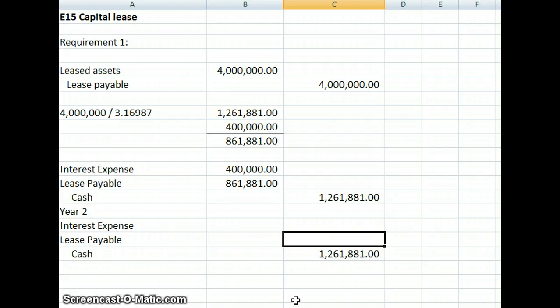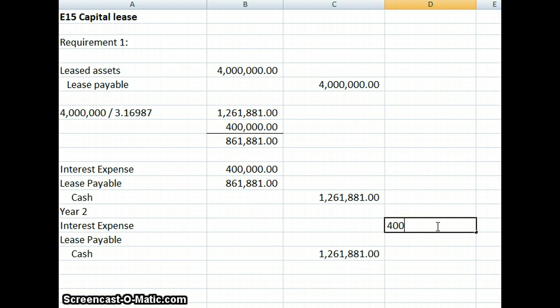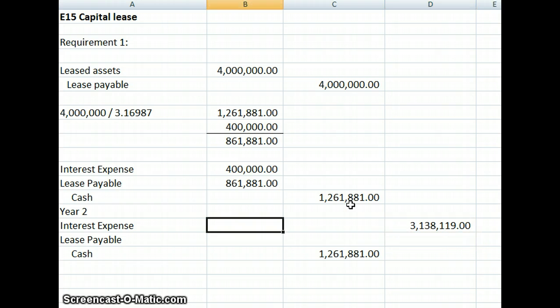Our principal balance would be our $4 million minus the amount that we had reduced it by, so $3,138,119. Our interest is going to be that remaining principal times our 10%.